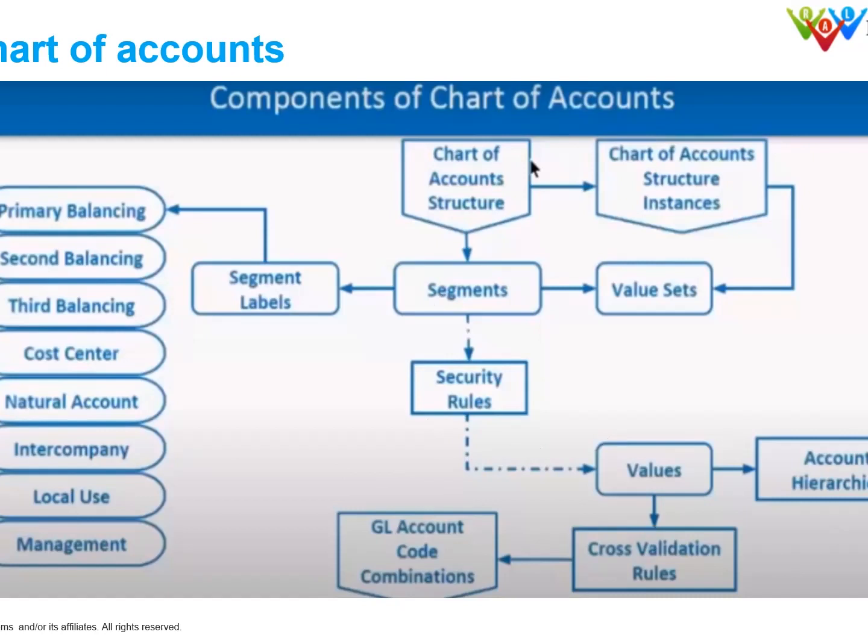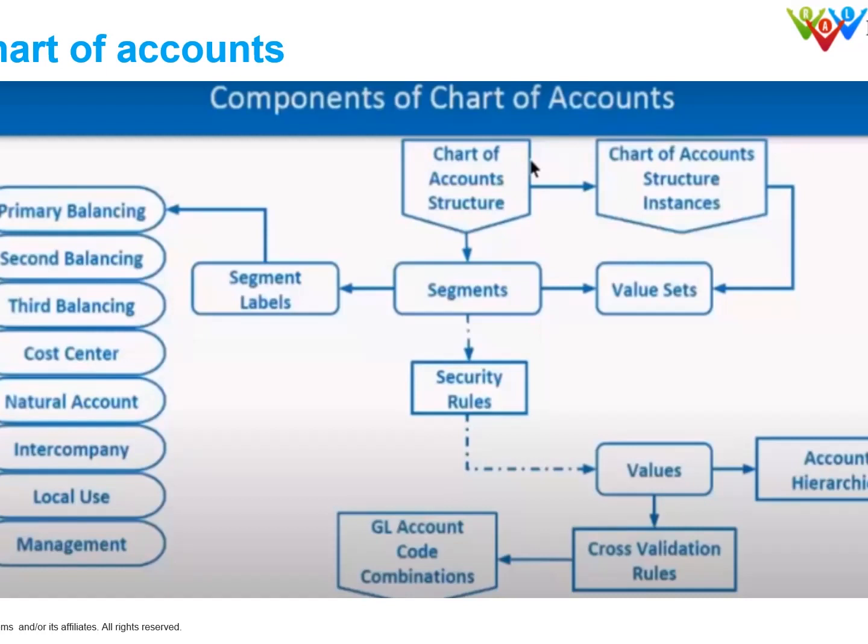Visualize this and grasp it. This is very, very important. Apart from your organizational or enterprise structure, from the finance point of view, the chart of account structure is the most important structure.